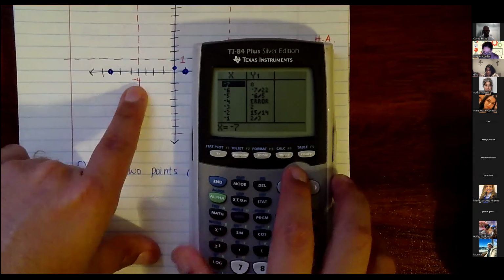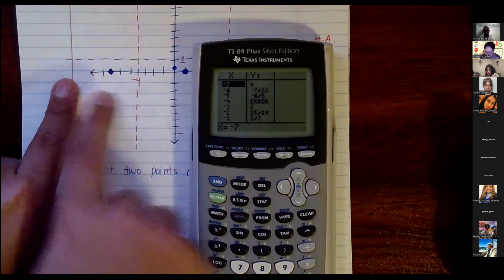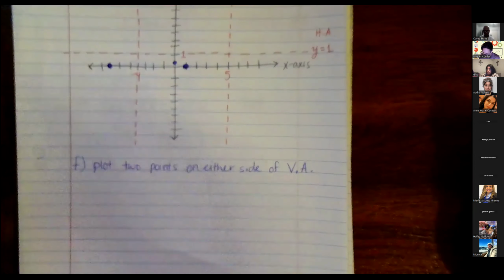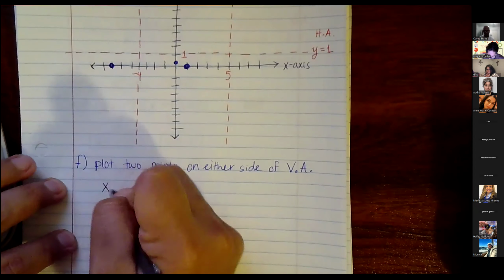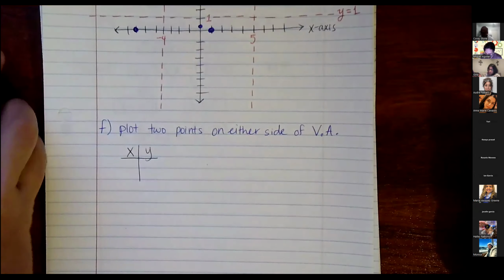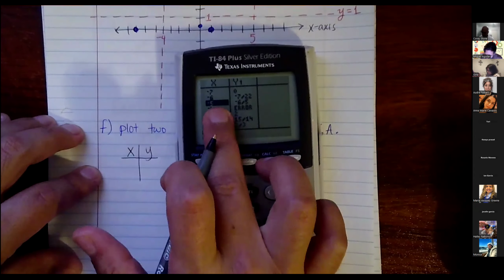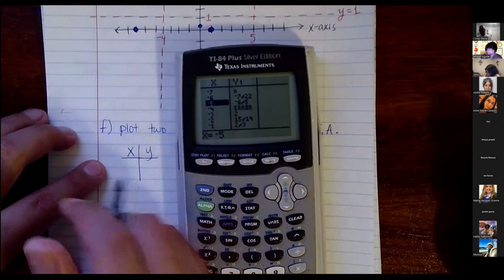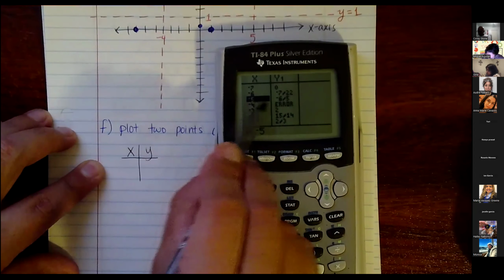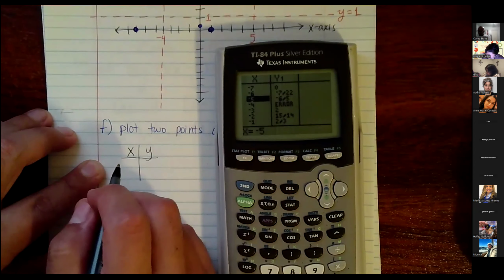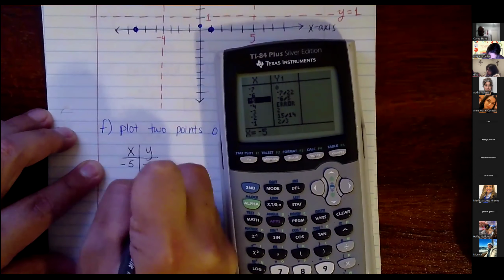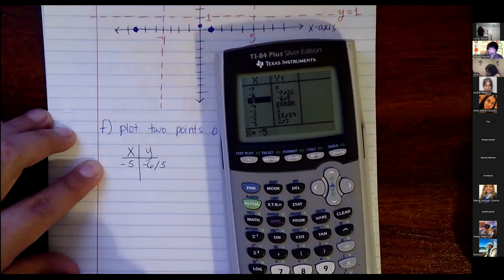So if we need to get a couple of points that are to the left of -4, then what we could do, just to organize ourselves, is write a little table, x, y. And I'm going to choose some numbers here that are less than -4. Like I'm going to choose (-5, -6/5). Okay.